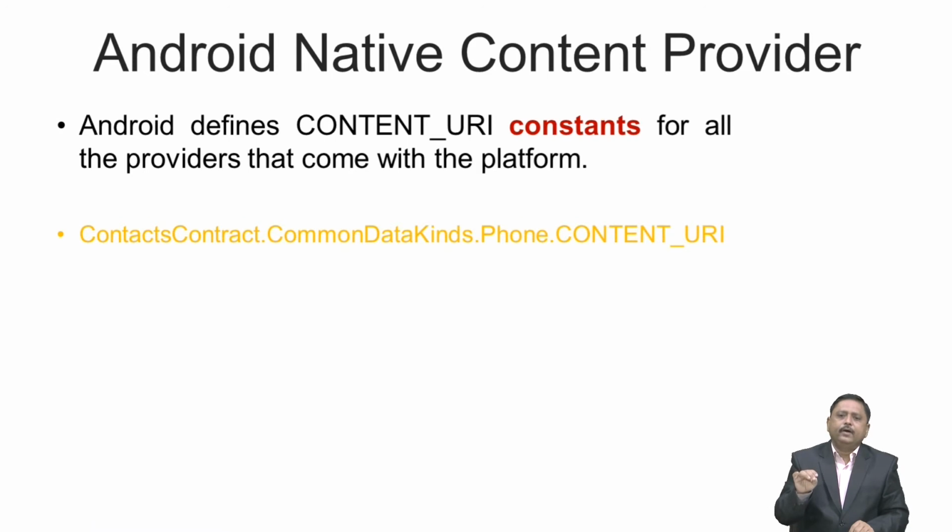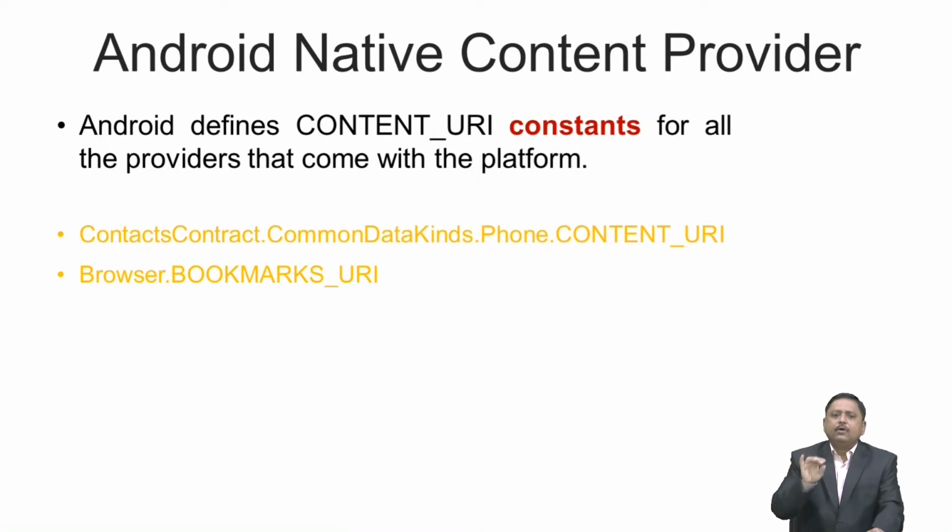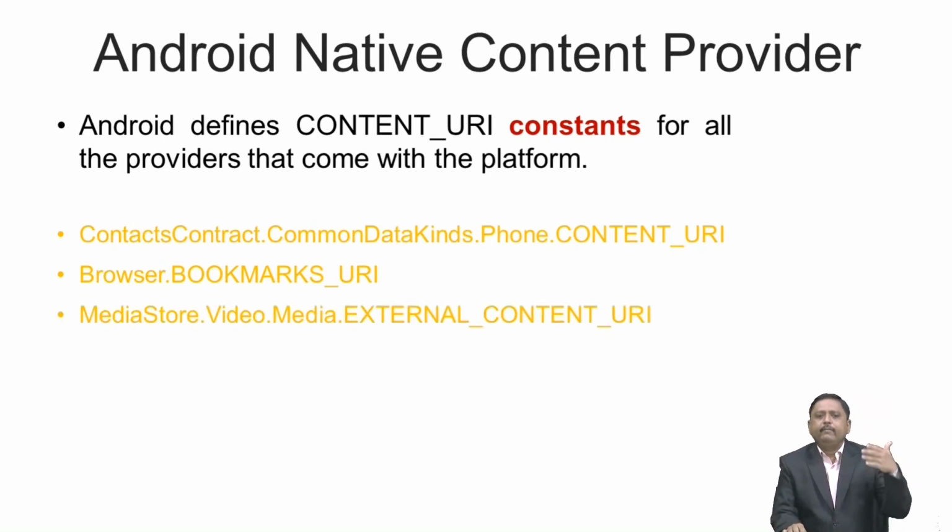For example, ContactsContract.CommonDataKinds.Phone.CONTENT_URI refers to contacts, and Browser.BOOKMARKS_URI refers to bookmarks. Similarly, MediaStore.Video.Media.EXTERNAL_CONTENT_URI refers to all media stored on your external storage device or SD card.